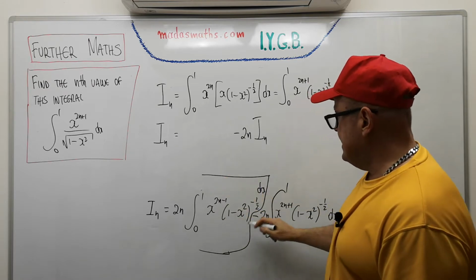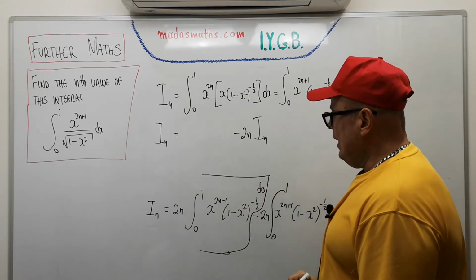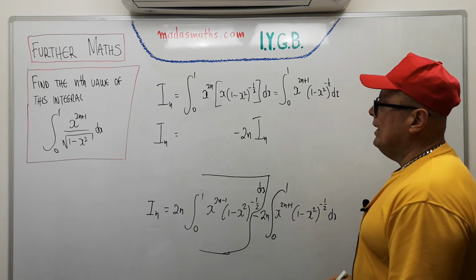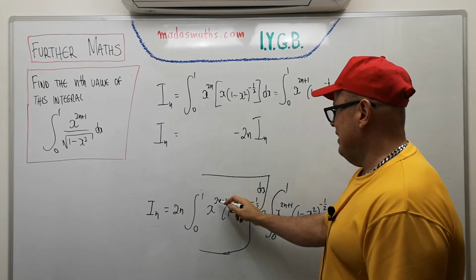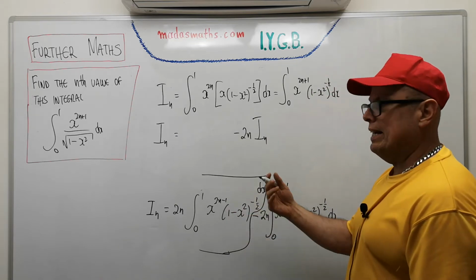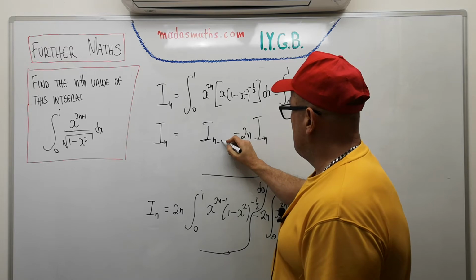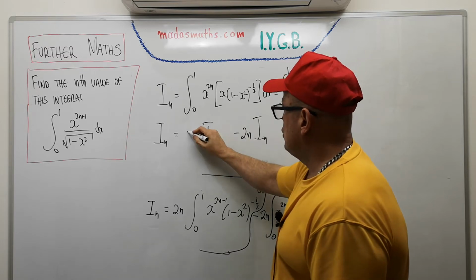The question is, what is that? A claim, and sometimes, unless you're familiar with recurrence relations that go like 2n+1, 2n+3, this is your I_(n-1) with a 2n in front of it.